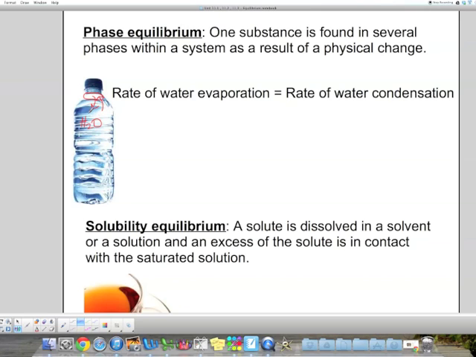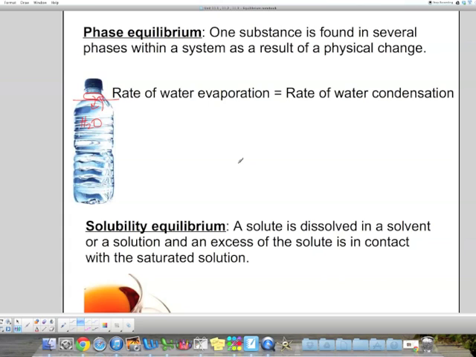So they're canceling out in a sense, and it looks as if the volume in my water bottle is not changing. It looks as if the bottle is sealed and nothing is happening inside. And yet at the microscopic level, there is something occurring. So that's the first example.